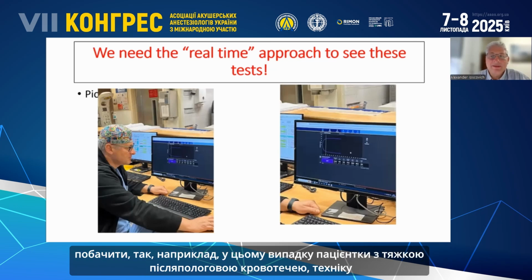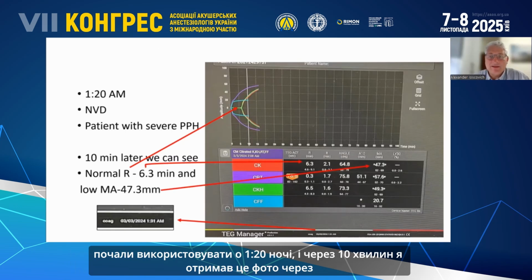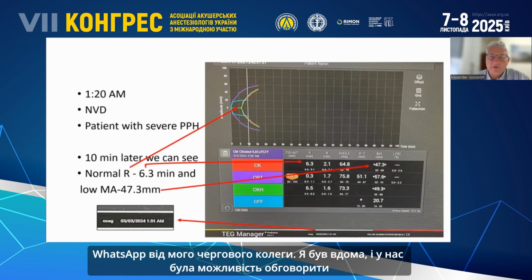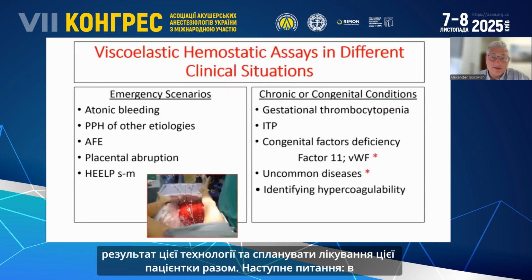For example, in this case of a patient with severe PPH, severe bleeding, TEG was started at 1:20 a.m. in the middle of the night, and 10 minutes later, I got this picture by WhatsApp from my on-call colleague. I was at home, and we had the option to discuss the result of this TEG and to plan the treatment of this patient together.